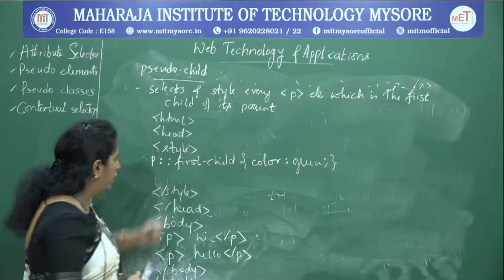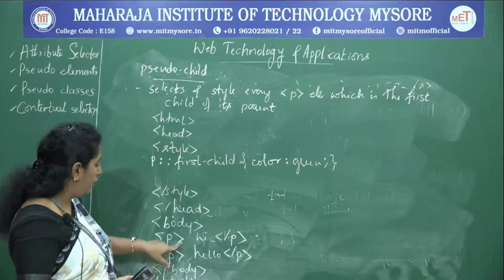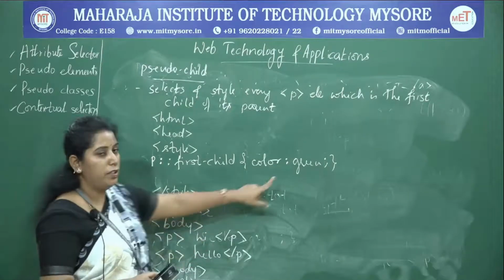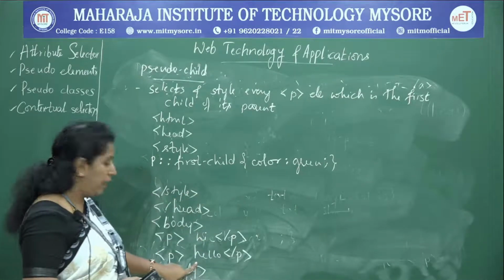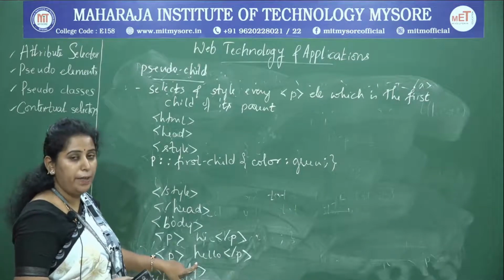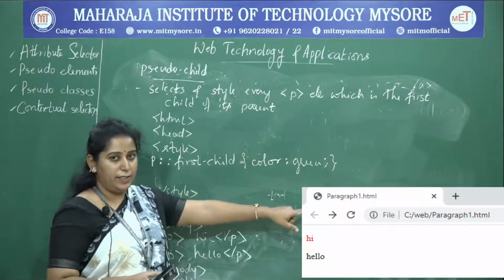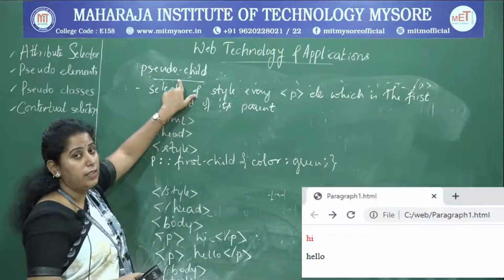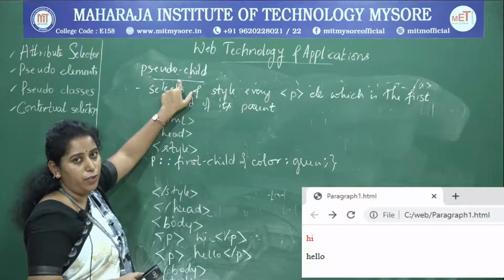Now when you run this program, the first child, hi, is printed in green color, and the remaining contents, even though they are in P tags, are printed as they are. This is what the first-child pseudo class does.